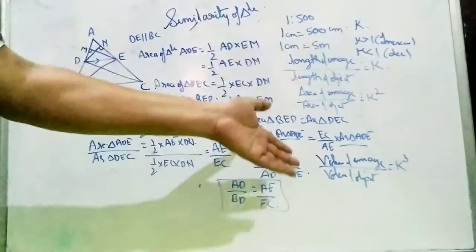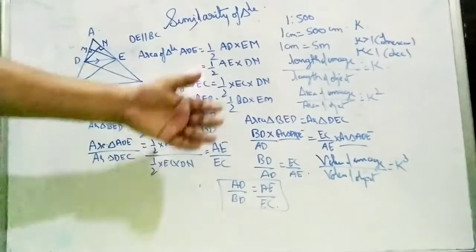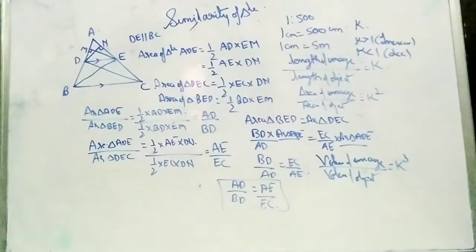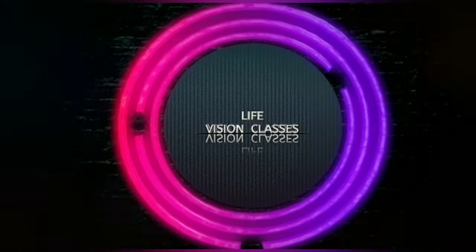I have also told you how the scale factor works for the length, area, and volume of the image. Is this clear? Then we will move on to the area section. Next portion will be our area.